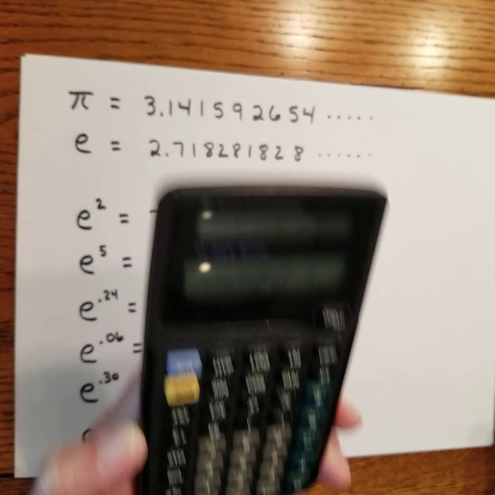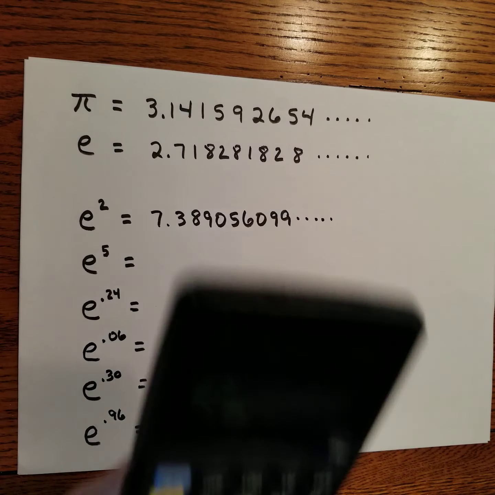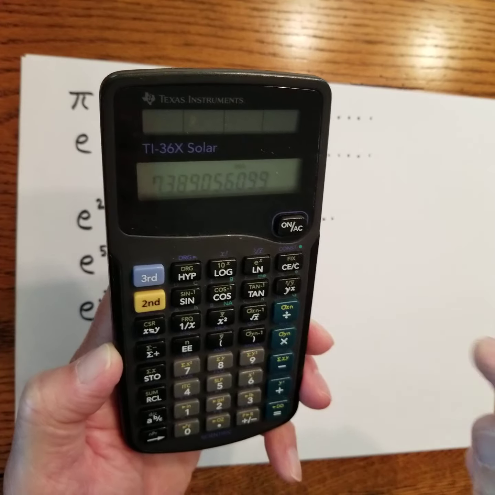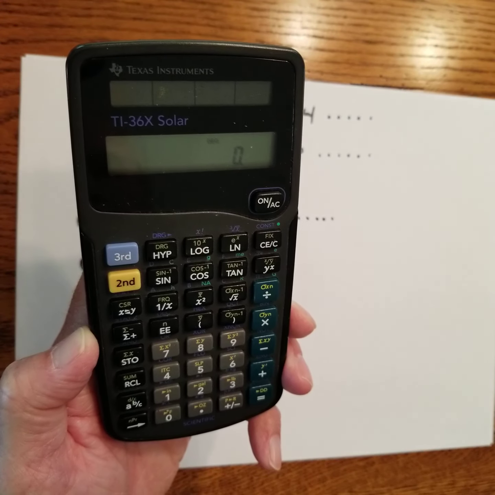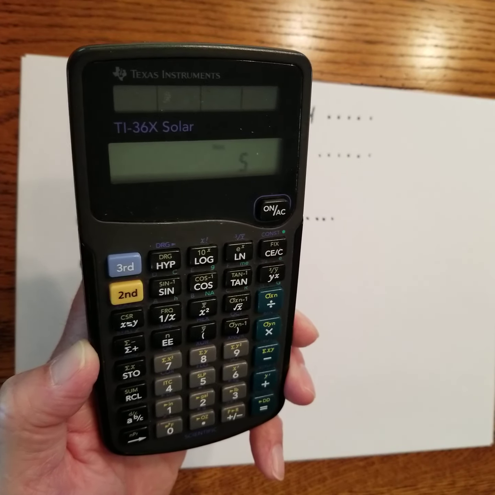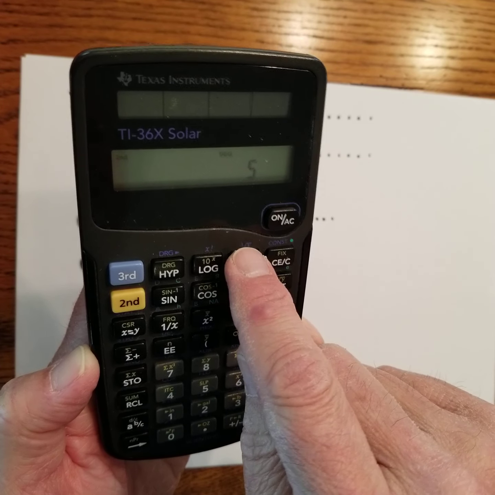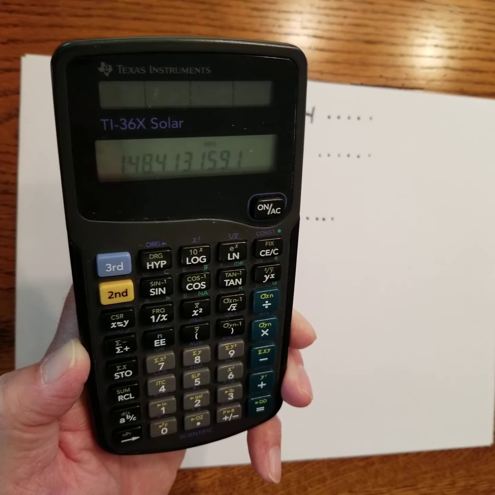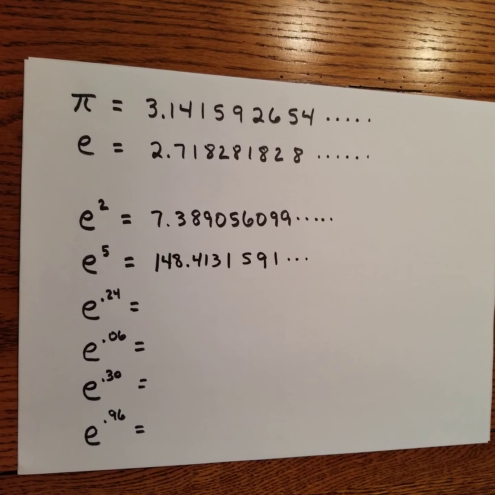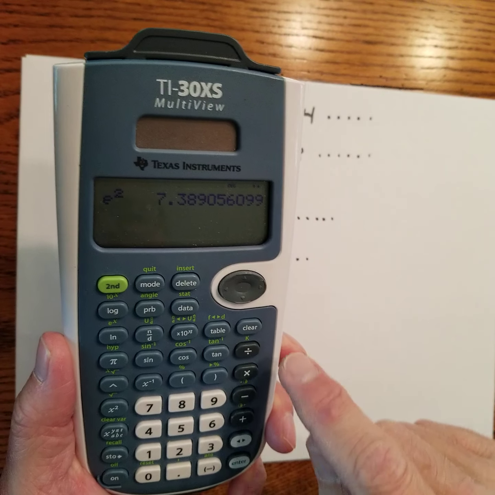Let's try this calculator to get e to the 5th. If I want e to the 5th, I'll type in the 5 and then second, e to the x. There it is, 148.4. This calculator works in the reverse order.